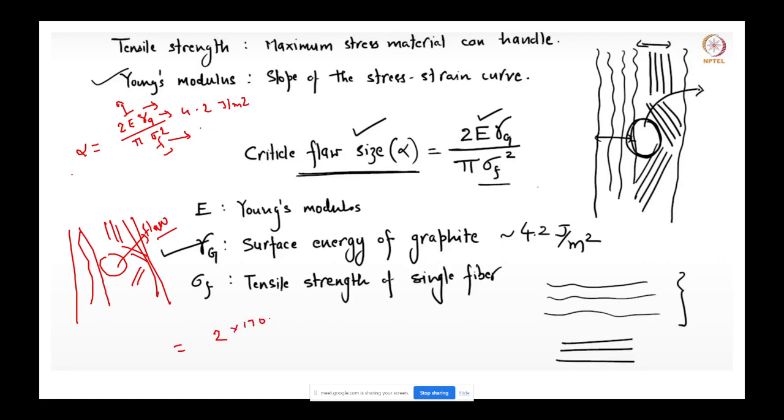So you can put 170 into surface energy, 4.2, divided by pi into 4.2 square. One factor will cancel, and you end up with 2 into 170 divided by pi into 4.2. Probably in your assignments you will have this kind of question.